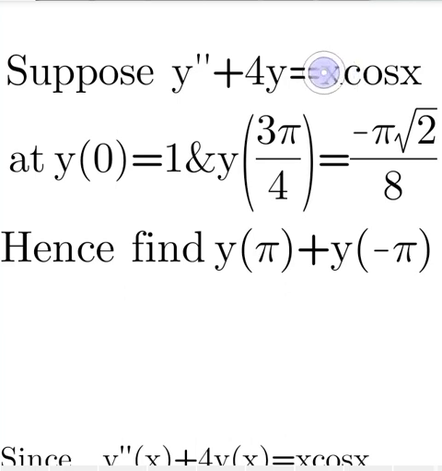If it was x squared, I could introduce a quadratic expression, maybe ax squared plus bx plus c. If it was x cubed, I could introduce a cubic. But this is just x, which is power 1, so I'm just going to introduce the equation of a line, which is ax plus b.